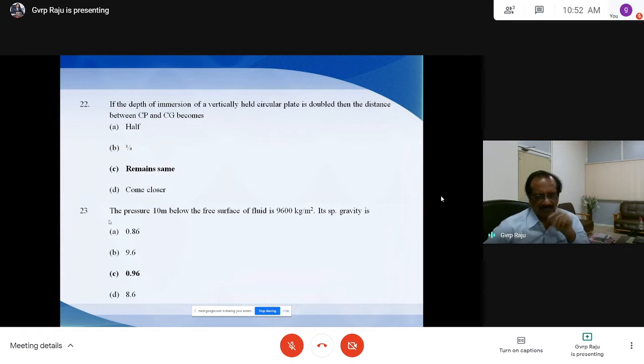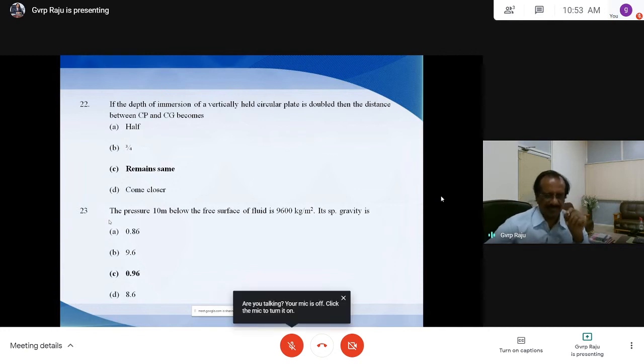So P is equal to WH, P is equal to 9600 and H is 10 meters. You can find out W. So W is equal to 9600 by 10. So W is equal to 960 kg per meter cube.